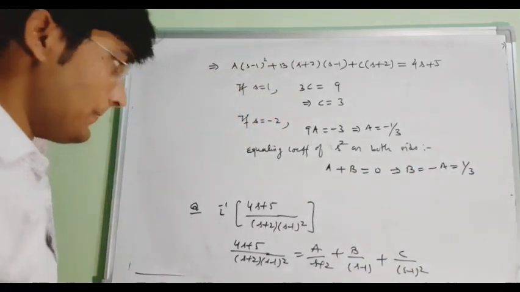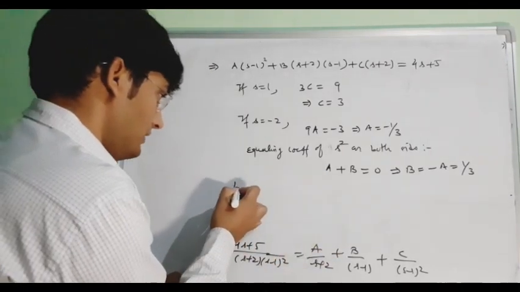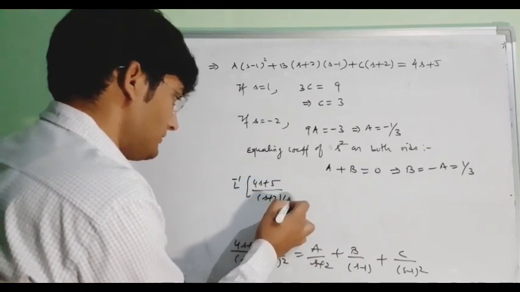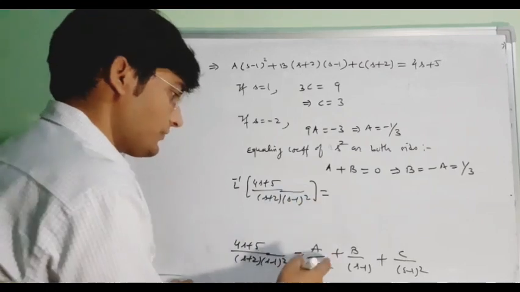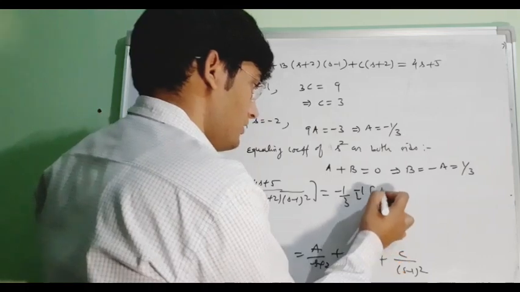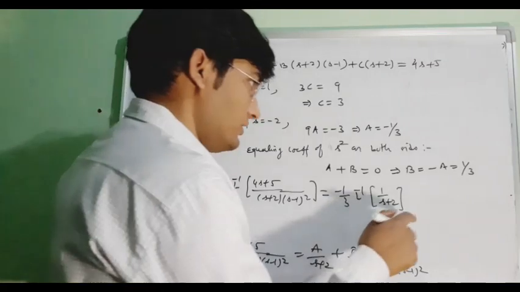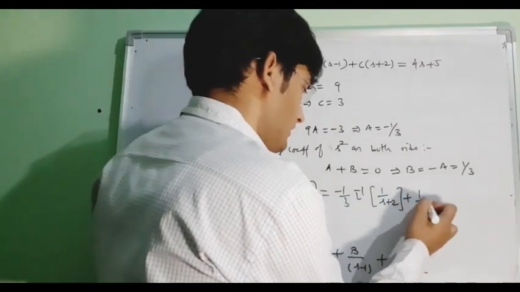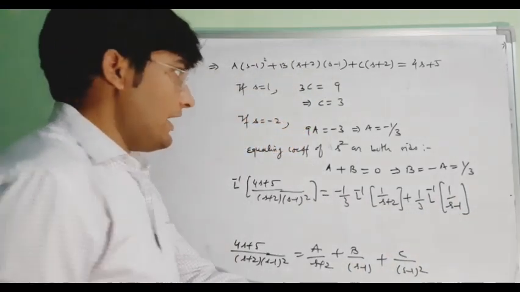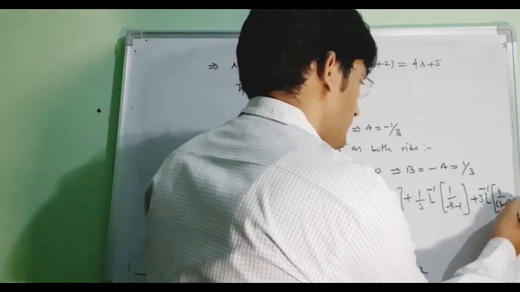So finally we can say that the Laplace inverse of (4s plus 5) upon (s plus 2)(s minus 1) whole square is equal to a upon s plus 2, that means minus 1 by 3 Laplace inverse of 1 upon s plus 2, then b upon s minus 1, that means 1 by 3 the Laplace inverse of 1 upon s minus 1, then c upon (s minus 1) whole square, that means 3 Laplace inverse of 1 upon (s minus 1) whole square.